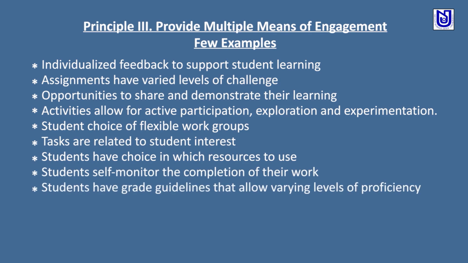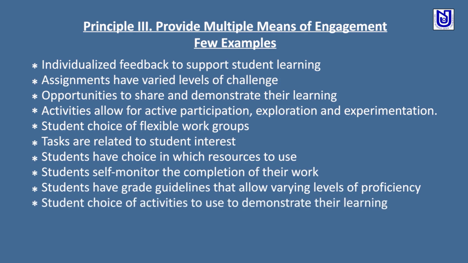They have guidelines to allow varied levels of proficiency. Choice of activities can be given to the students to demonstrate their learning. That has already been mentioned in my lecture. Then student choice in tools, student choice in content. So these are all examples of providing multiple means of engagement to engage and motivate our students throughout the learning process in the classroom.